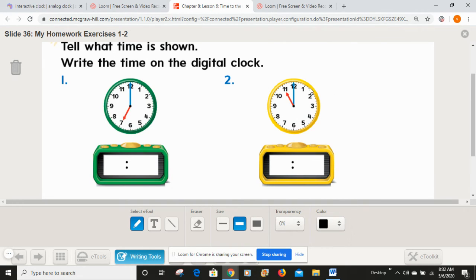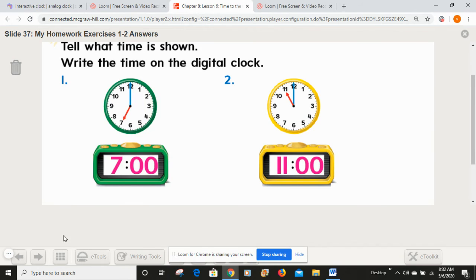Over on the other side, my big hand, long hand is on the 12. Small hand's pointing to 11. So I would put this down as 11 here, 0, 0. Over here on this side, a 7 here, 0, 0. Let's check our answer. Yep, we were correct. 7 o'clock and 11 o'clock.